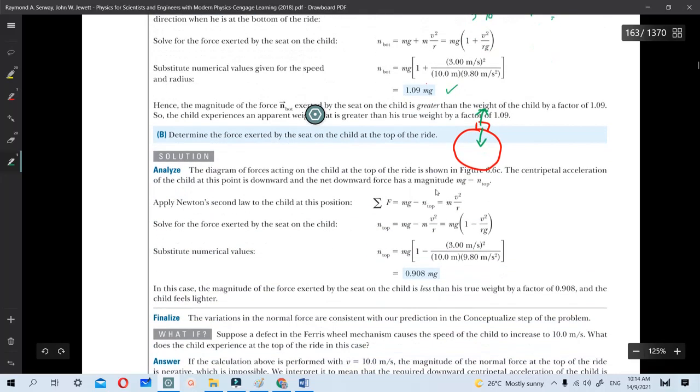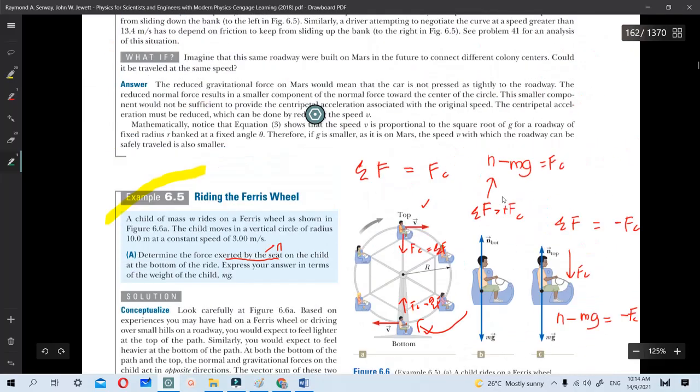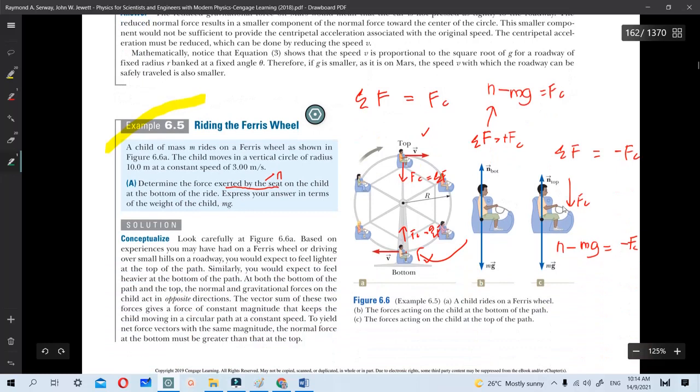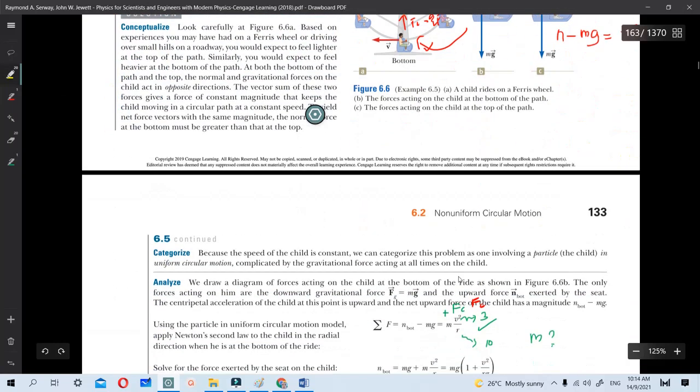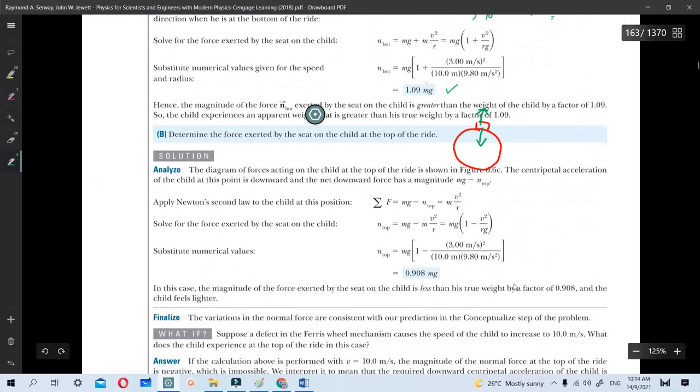Alright, now when it is at the top, remember it's the same force directions. So normal minus mg. It's just that the net force is directed downwards towards the center, and that makes it a negative product. So let's compare with this book.